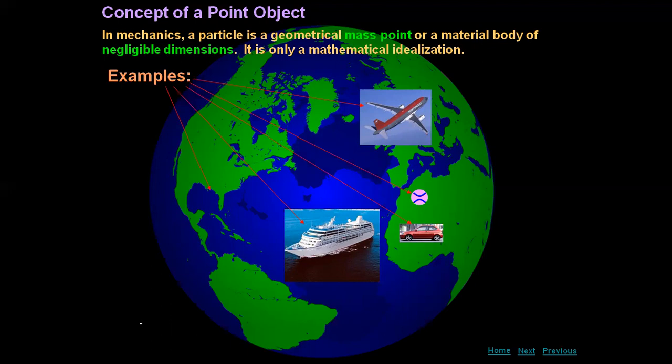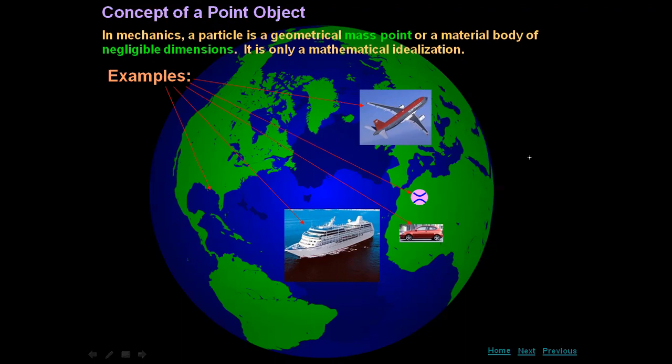For example, take an airplane covering thousands of kilometers. If you measure the size of the plane, that will be some hundreds of meters. But the distance covered by the airplane is comparatively very, very large. So in kinematics, whenever we study the motion of such kinds of objects, we take them as a point.